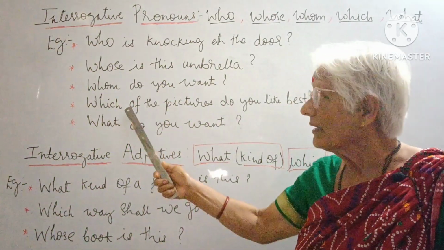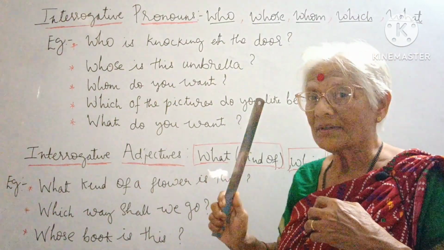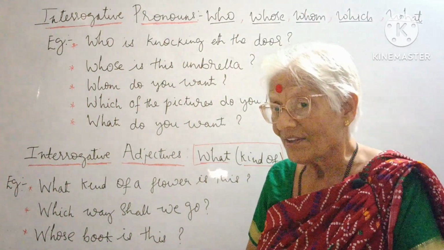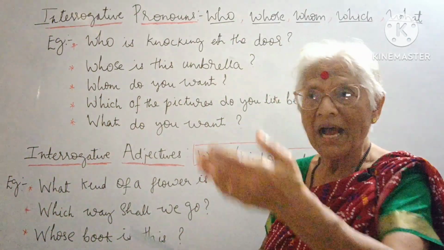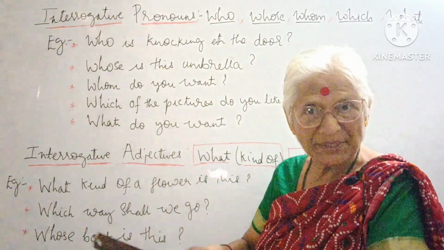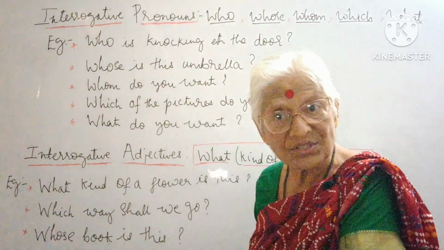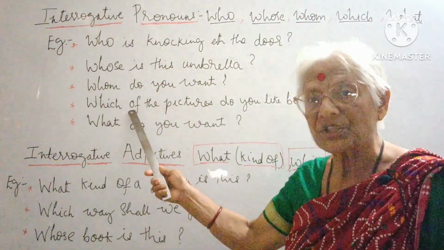Let's take the next one. Which of the pictures do you like best? There are a plethora of pictures and you have been asked to make a choice. So which of the pictures do you like best? Maybe you say, I like the huge picture best, or I like the small one best. So accordingly, you specify your answer to the question which.